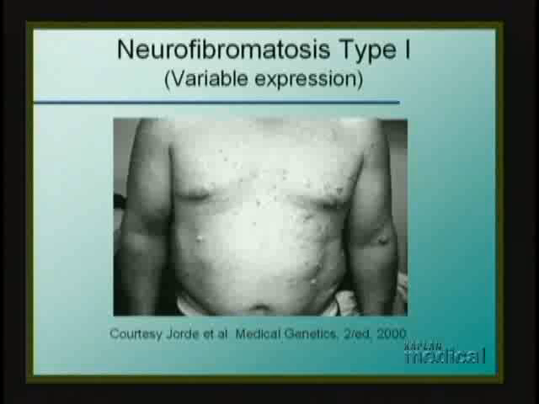What was left of her weighed 76 pounds. So obviously there's an extreme amount of variable expression in the severity of the symptoms for this disease. When we use the term variable expression, everyone with the disease has symptoms of some kind, but the severity differs from person to person.